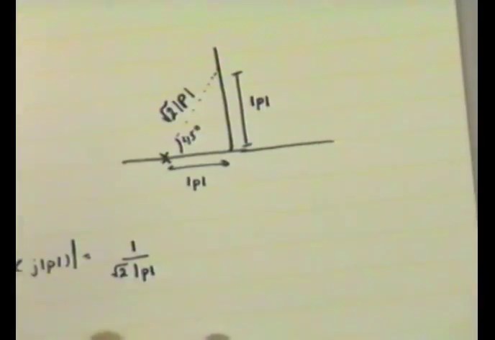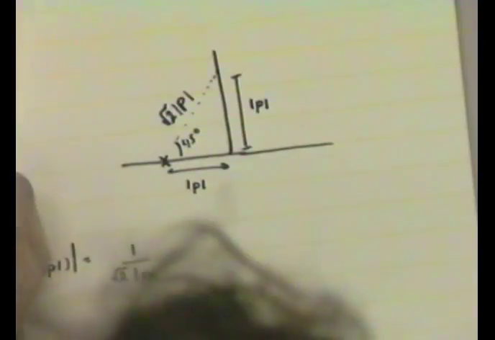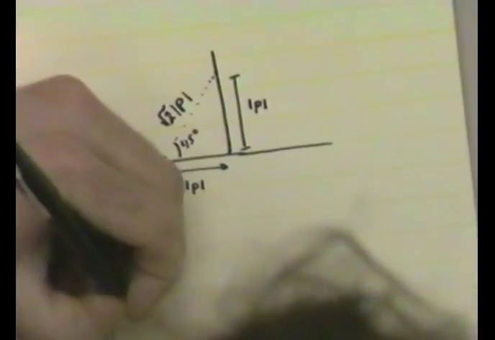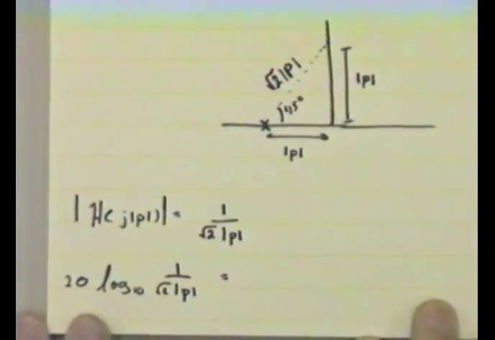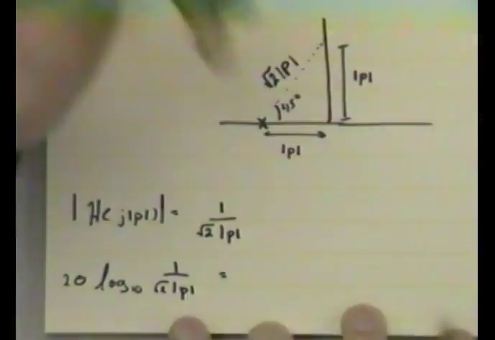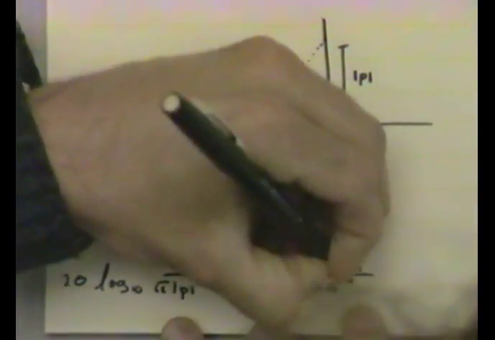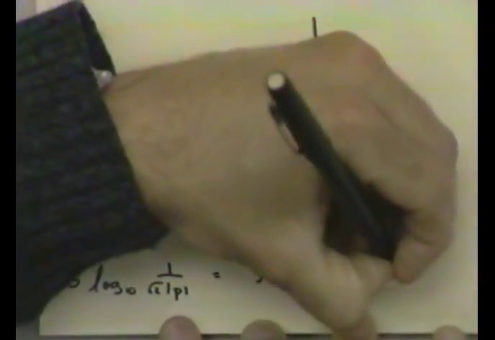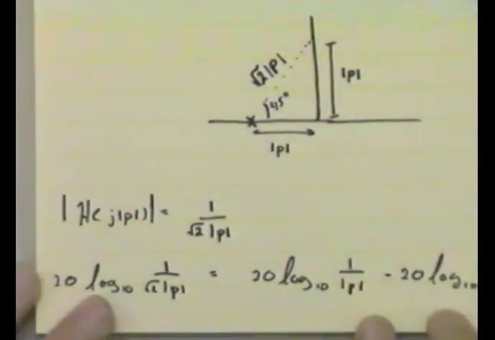Take 20 log base 10 of this number here, which is 1 over root 2 absolute p, and the answer is given by 20 log base 10 of 1 over absolute p, minus 20 log base 10 of 1 over root 2.